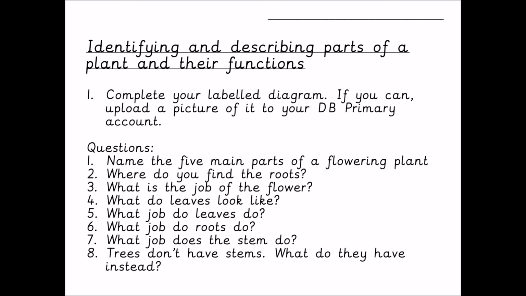You then answer the questions underneath in full sentences. When you've done that, if you can, take a photograph of your work, and you can upload it to your DB Primary account in the work section of your homepage.